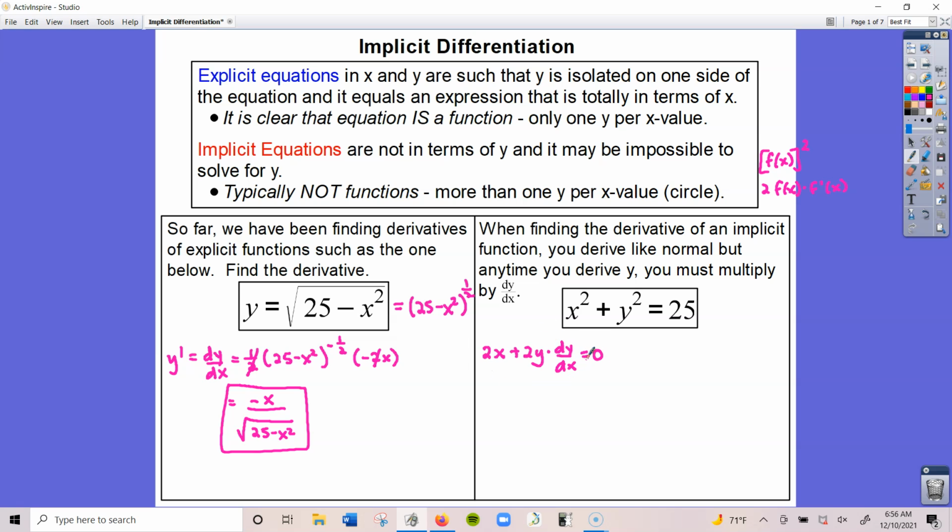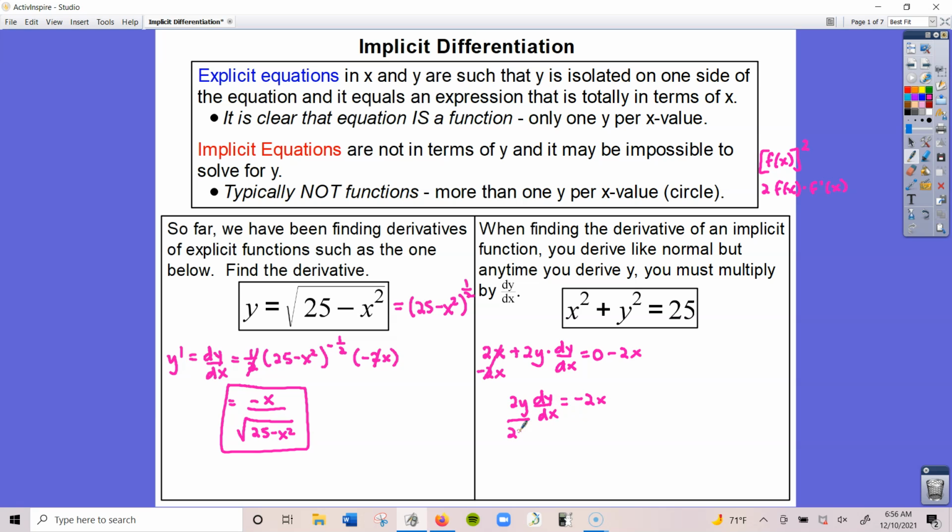Once you have this, remember that our derivative is dy/dx. This is what I want to solve for. So we're going to isolate that dy/dx. I'm going to subtract this 2x over to the other side. We get 2y dy/dx is equal to negative 2x.